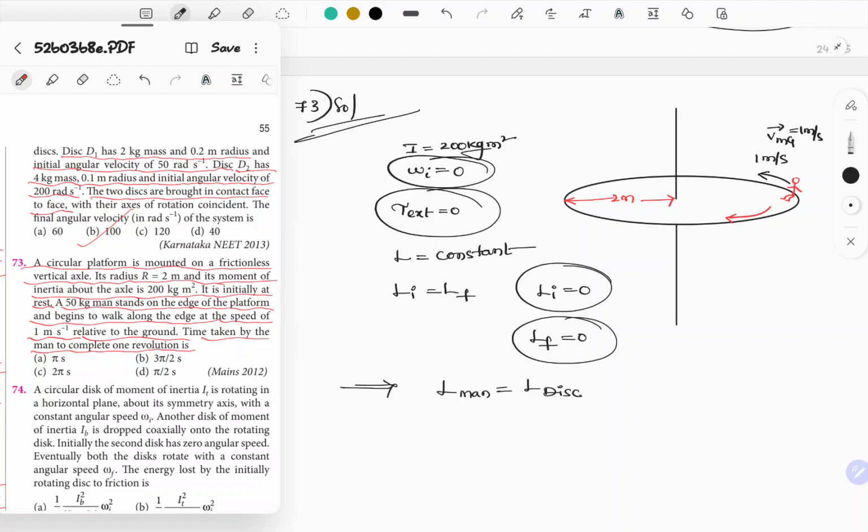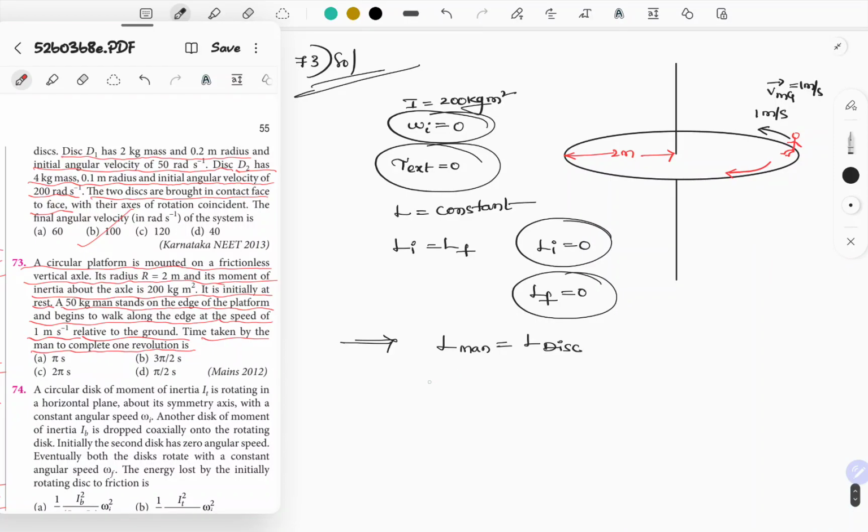These two are the same in magnitude, opposite in direction. That is the meaning of final angular momentum being 0.